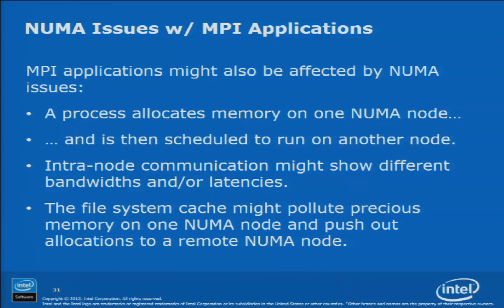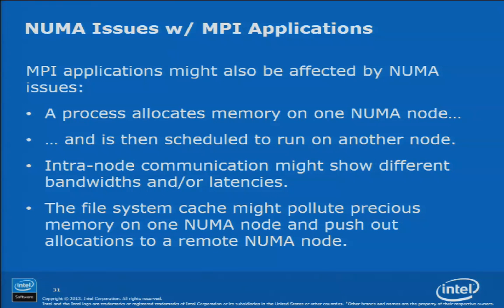So having said that, MPI processes are in the same ballpark. They are suffering from the same problems. So that means, for example, a process allocates memory on one NUMA node, and then all of a sudden the operating system decides to move that process to a different NUMA node, right? Or the same can happen with a thread.